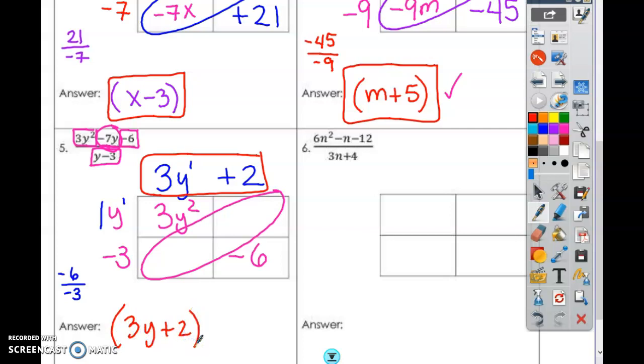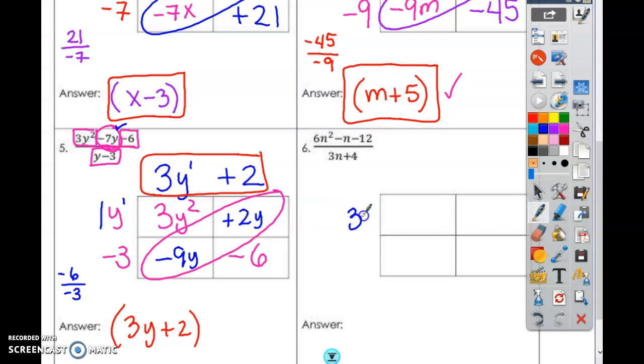And then check it just to make sure that it does work. 1y times 2 is positive 2y. And 3 times negative 3 is a negative 9y. When I add these two, it does give me negative 7. Check. Okay? Try number 6 by yourself.